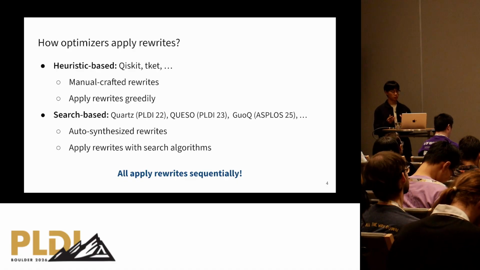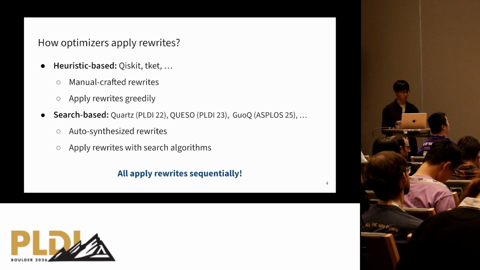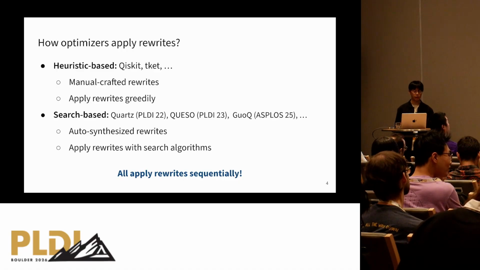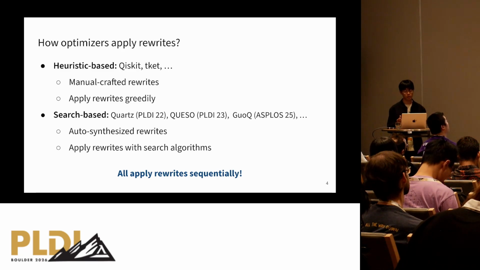And then they iteratively apply those rewrites selectively. In each iteration, they apply only one single rewrite, selected from such a large rewrite rule set, coupled with a specific search algorithm, such as beam search, simulated annealing, or reinforcement learning.